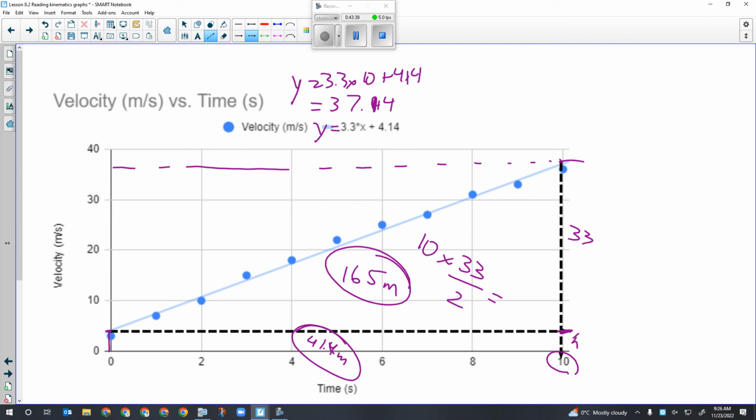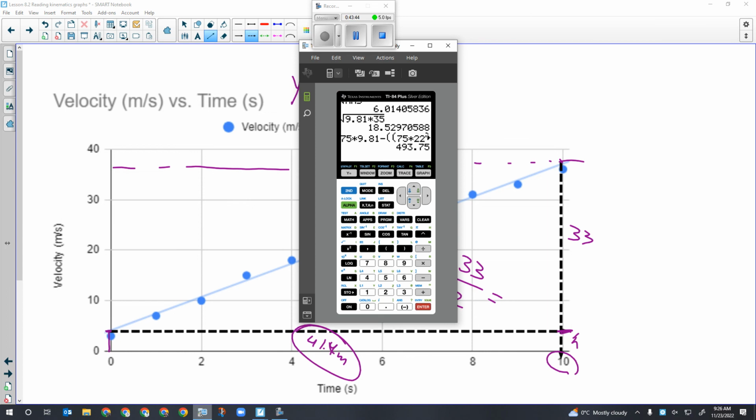Sorry, 165 is the triangle. That's 41.4. It's 4.14 times 10, so 41.4. Sorry. All right. Everybody okay with what I did there?